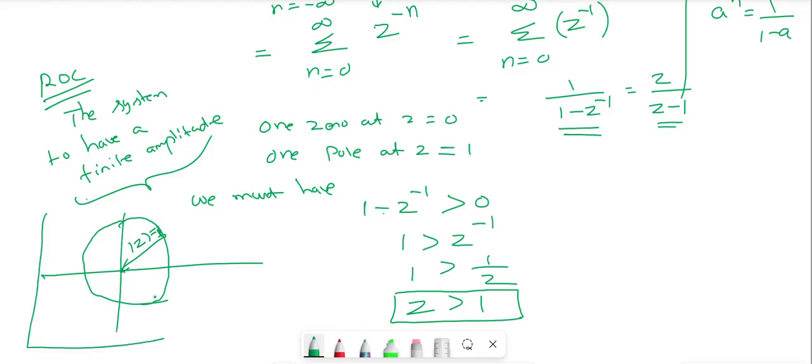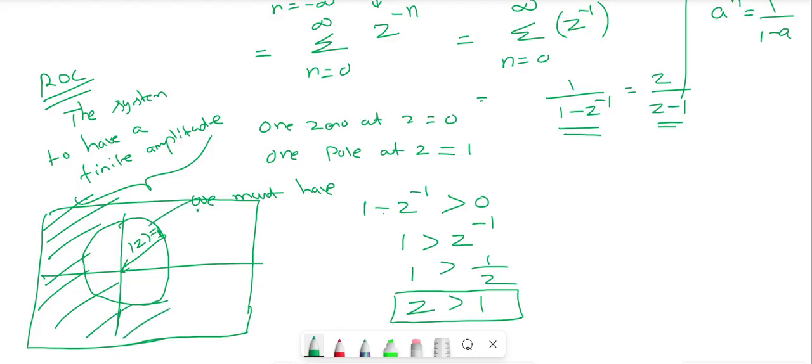So this is your ROC, modulus of z greater than 1. If you want the system to have a finite amplitude, the modulus of z should be greater than 1. So this is your region of convergence.